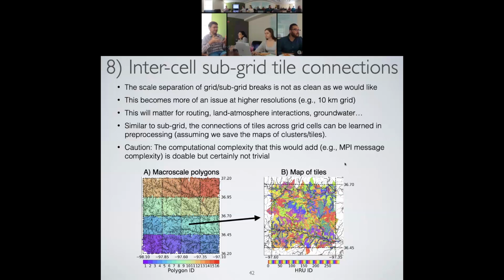And not just the macro scale grid cells, but how the actual tiles in this grid cell talk to the tiles on the edge in the neighboring grid cell. So there's a connectivity matrix between tiles of grid cell 1 and tiles of grid cell 2. That's a whole other fun question that I have a student currently working on. So, fun problems. With that, I can go over more details of other things, but I wanted to wrap it up here. I think we're out of time.